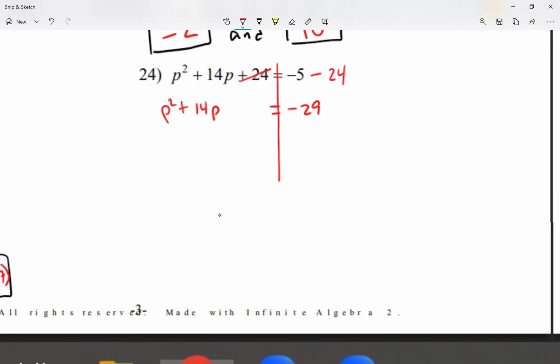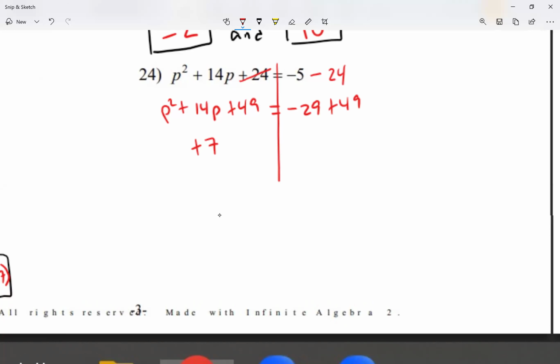My leading coefficient is a 1, so I look at the second number, 14. The half of 14 is 7, so let me even write a +7. Then I ask myself, what's 7 squared? 7 times 7. Well, I get 49. So plus 49 on both sides.